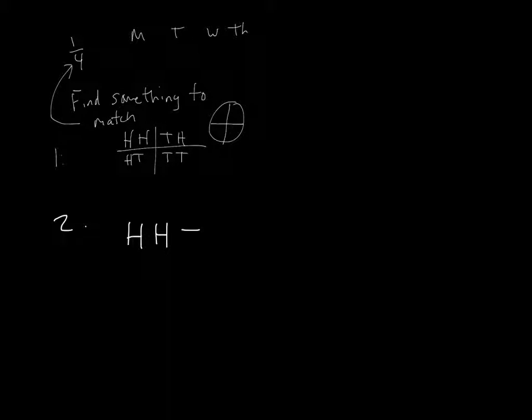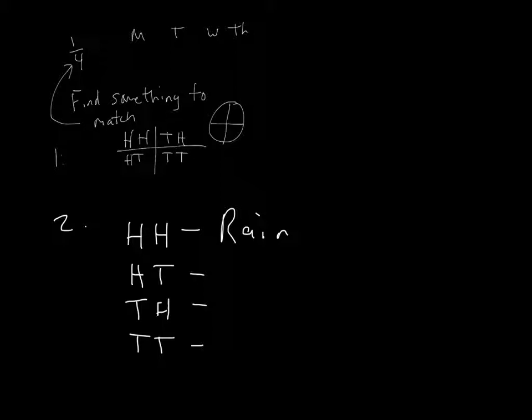Rain, fine. So if I have a 1 in 4 chance of raining, how many outcomes have to have rain in them? I have 4 outcomes. 1 in 4 have to have rain. 1. Correct. How many have to not have rain? 3.